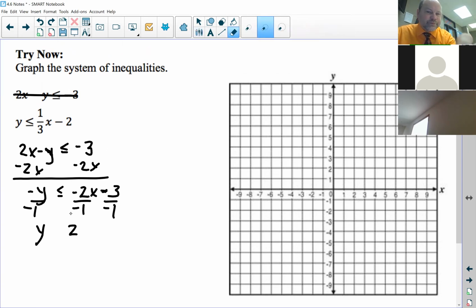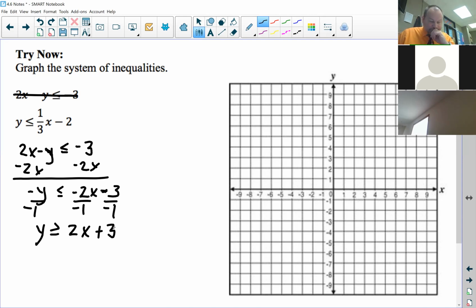Oops. I divided by a negative, so I do have to change my inequality. Y-intercept at 3, slope of 2.